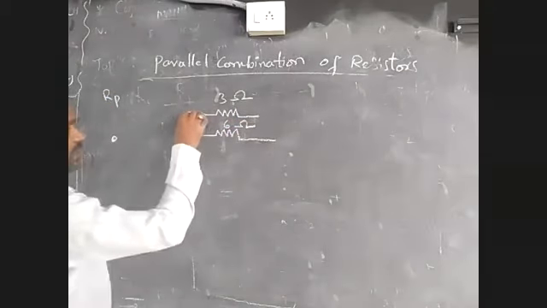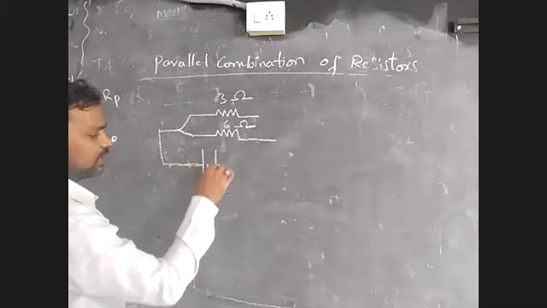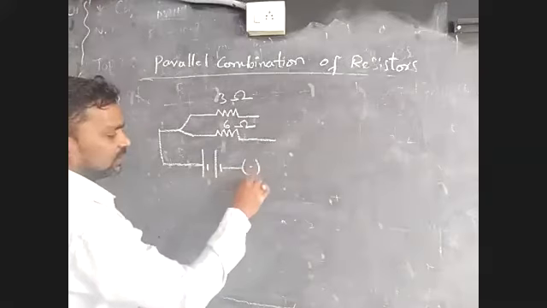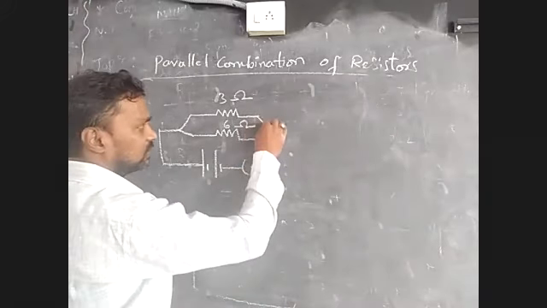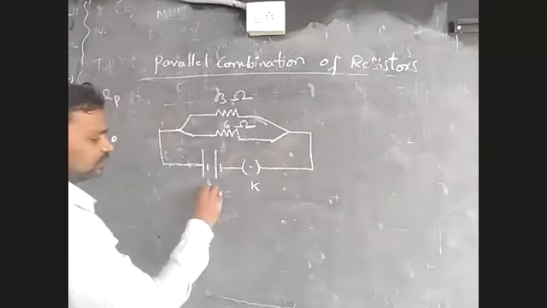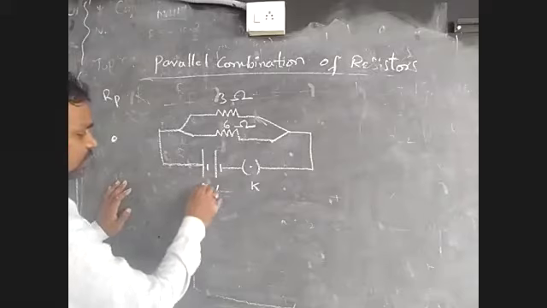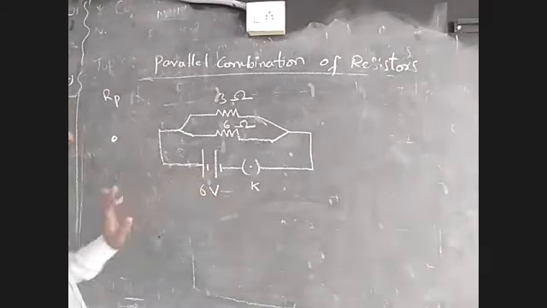Two resistors I will take. This is one battery, this is a switch, and this is V, suppose 6 volt.